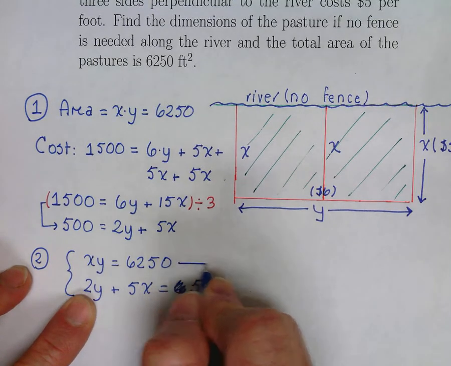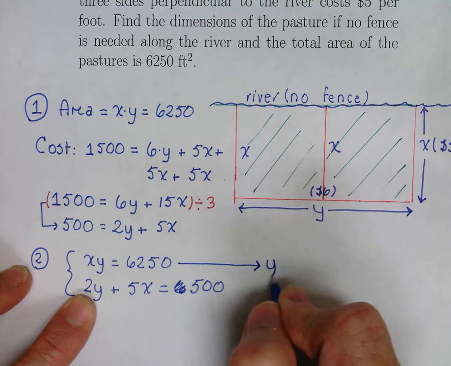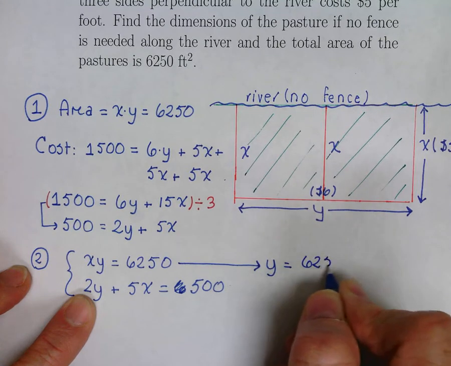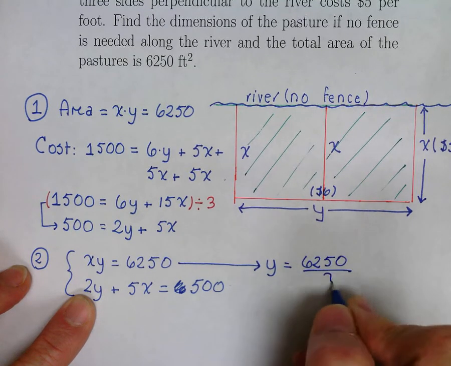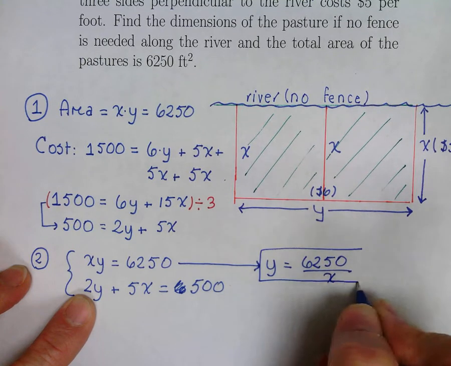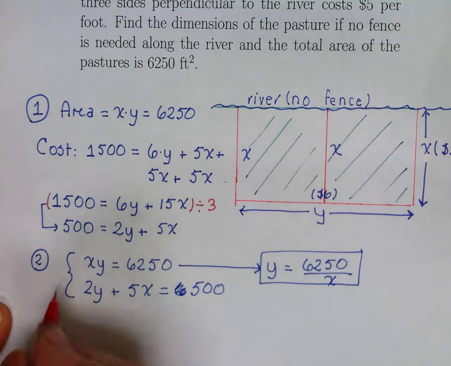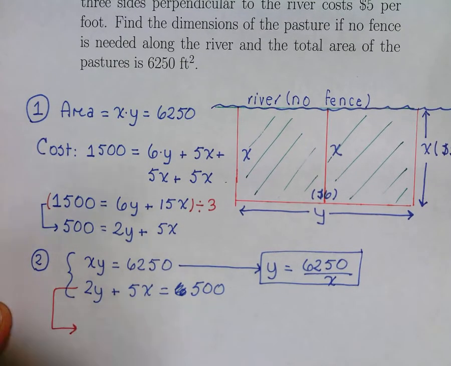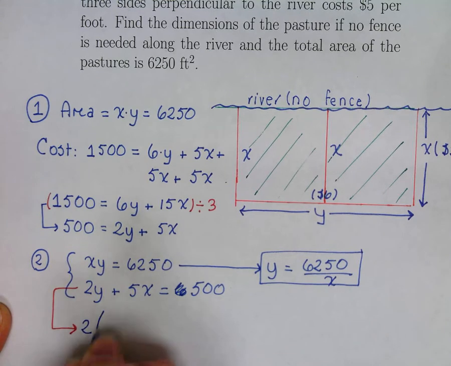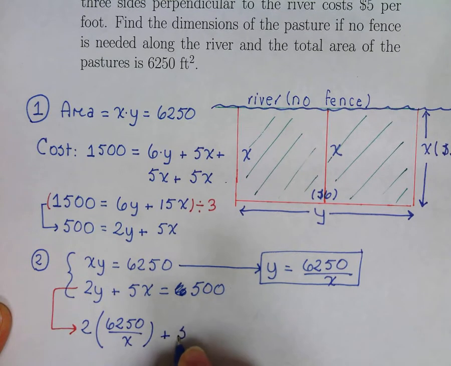So let's solve for y, and then I plug that into our second equation. So 2 times 6250 divided by x plus 5x equals 500.